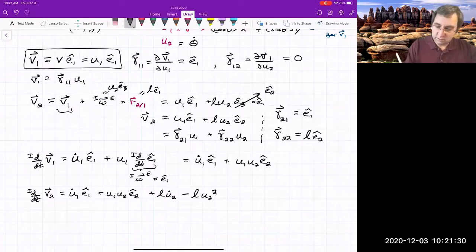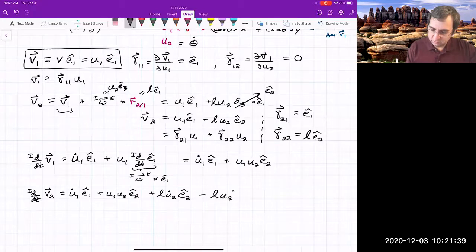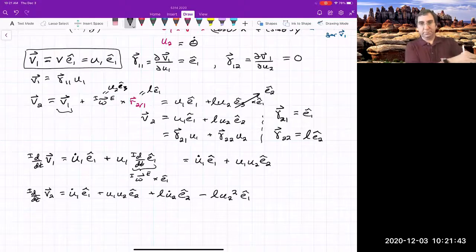These need directions. That is E2 minus L U2 squared E1. I'm skipping the step of taking the inertial derivative of E2 and whatnot.